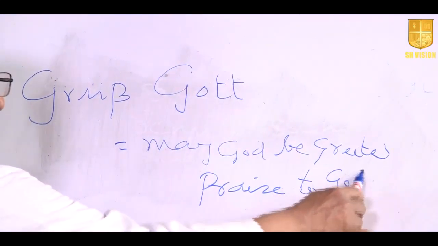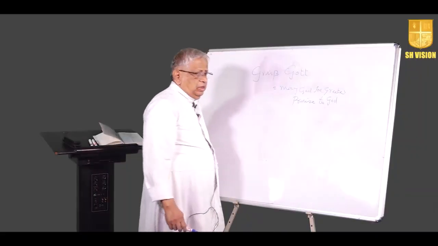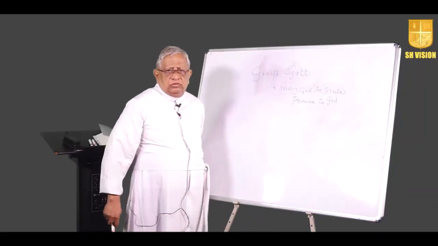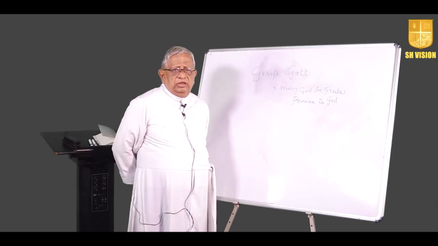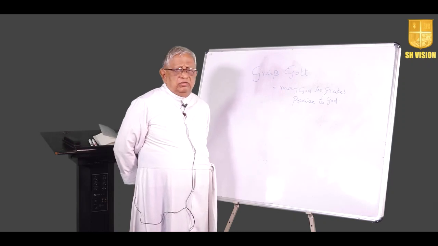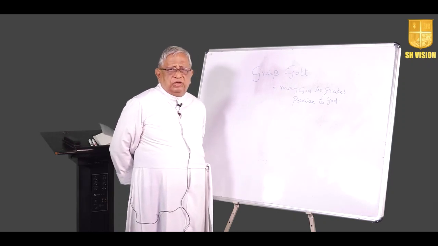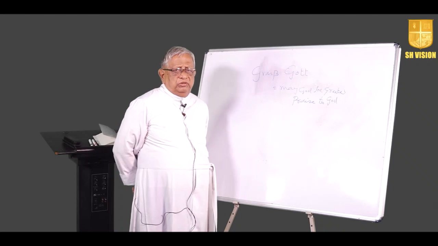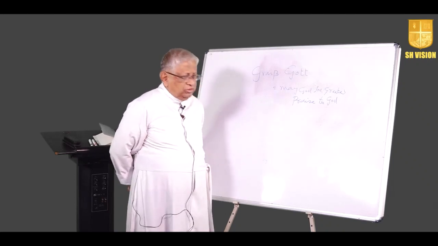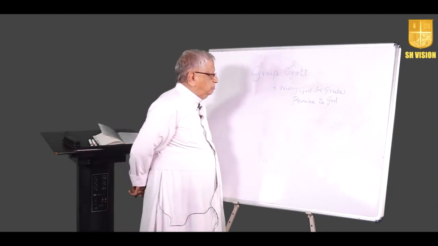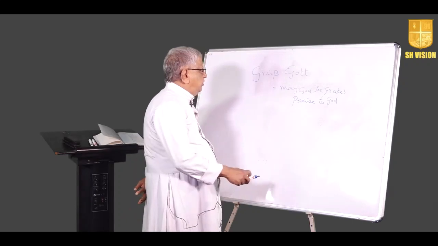The Austrians particularly and the South Germans may not very often say Guten Tag or Guten Morgen or Guten Abend. When they meet, they say Grüß Gott. May God be praised, praise be to God.